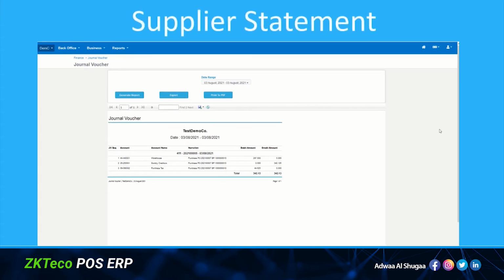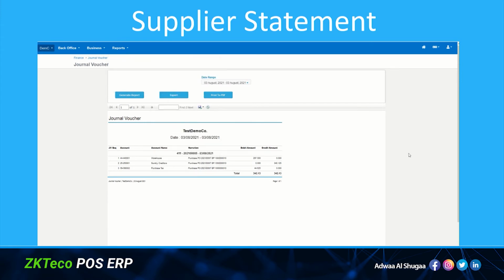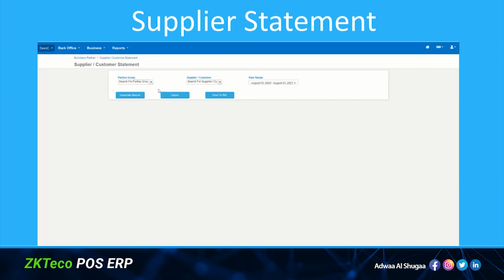Credit purchase also updates the supplier subledger for that supplier. It can be viewed from Reports, Finance, Supplier or Customer Statement menu option or Reports, Finance, Supplier or Customer Balance menu option. Both menu options generate reports and allow you to view the supplier statement and journal entry associated with that.